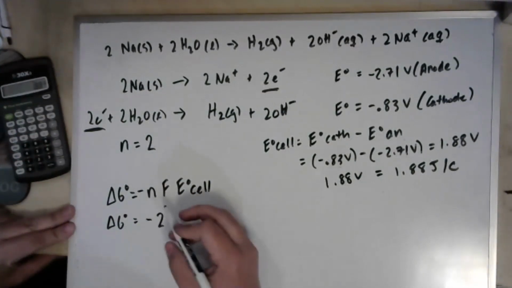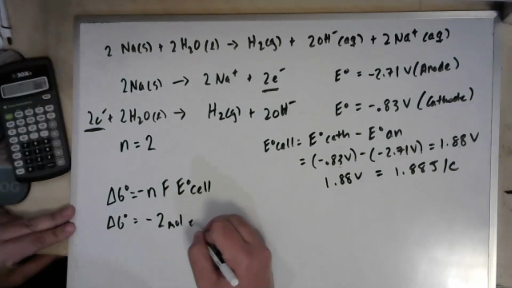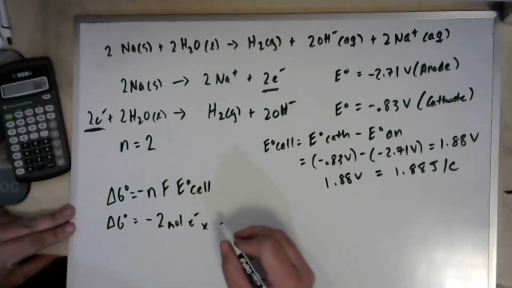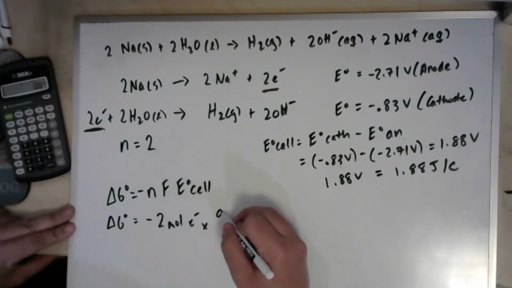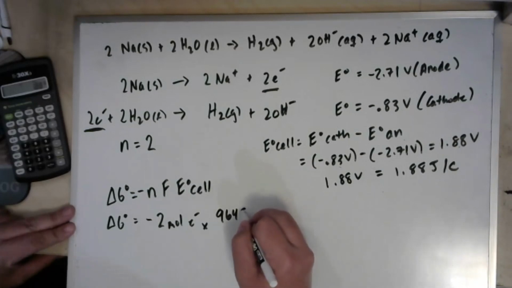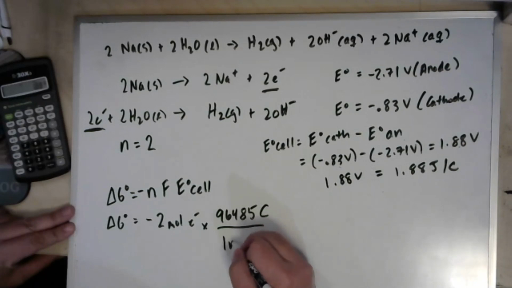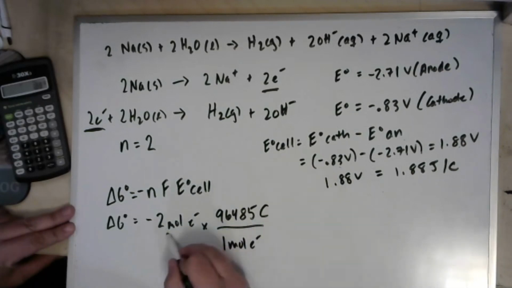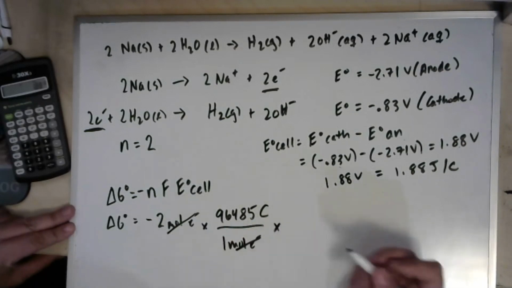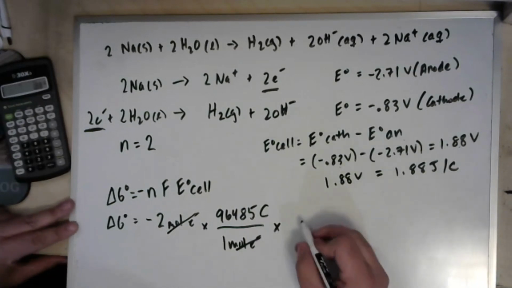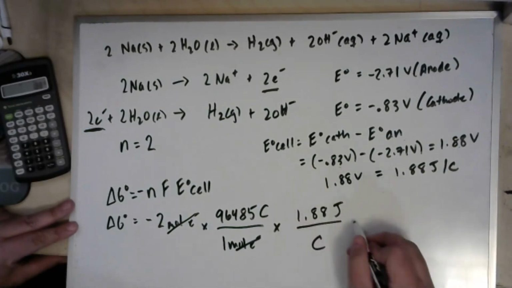So negative 2 moles of electrons times Faraday's constant, 96,485 coulombs per mole of electron, times our E cell, which is going to be 1.88 joules per coulomb.